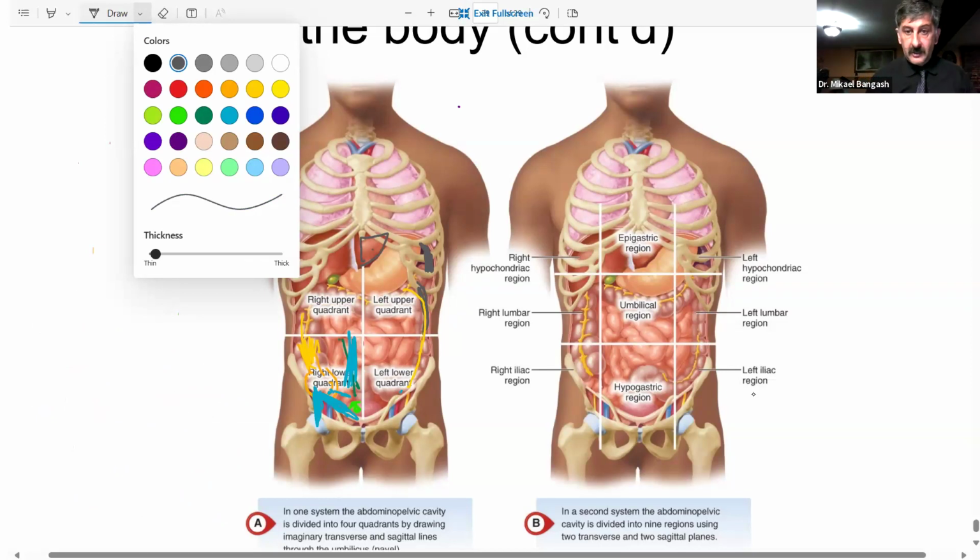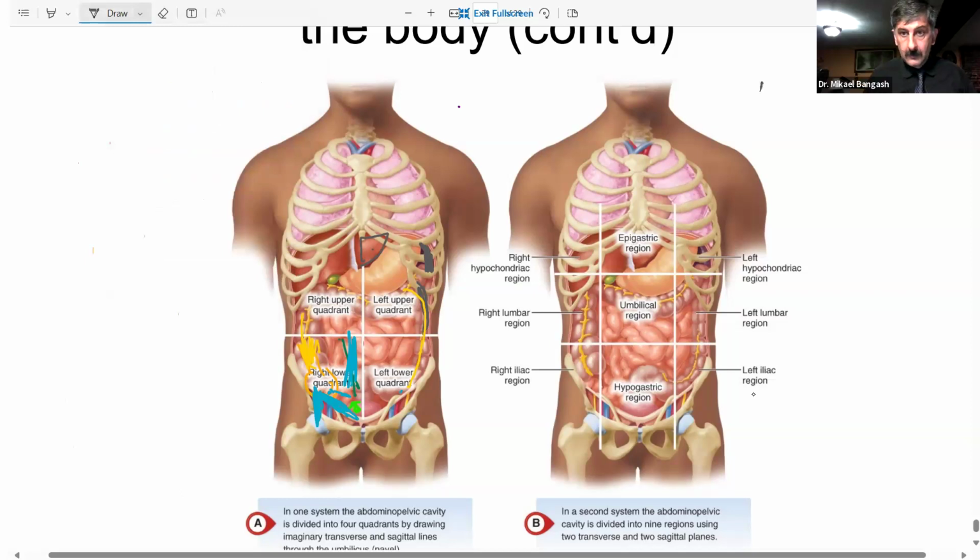The structure that we have in the left hypochondriac region is pretty limited. Just part of the stomach.